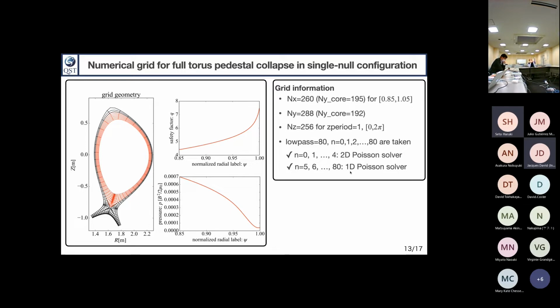It should be noticed that if the flux-ordered Poisson solver is applied to the n equal 1 mode, a disruptive numerical oscillation instability occurs within a few Alfvén times.